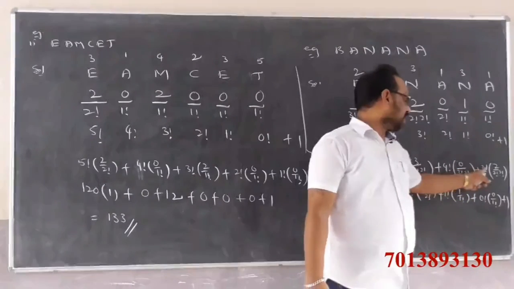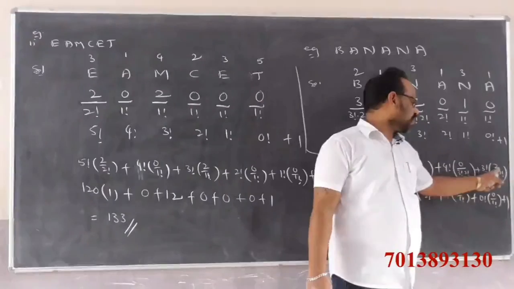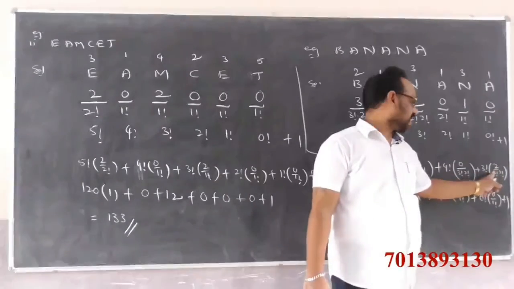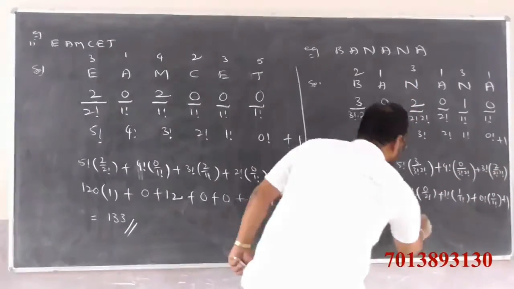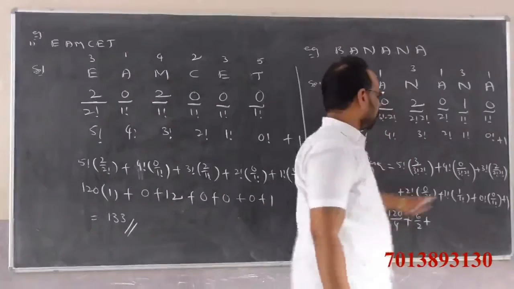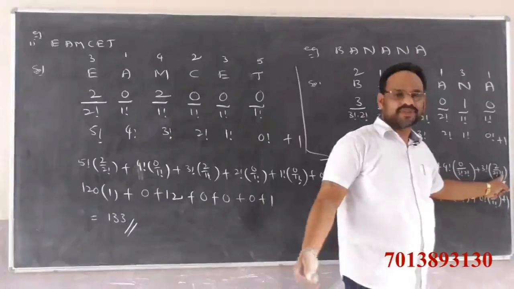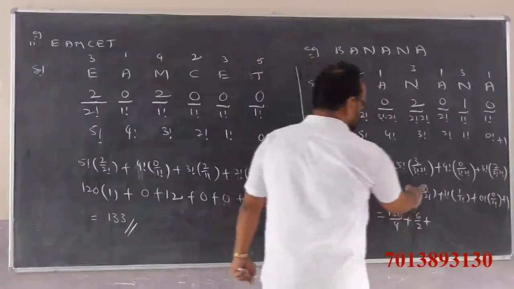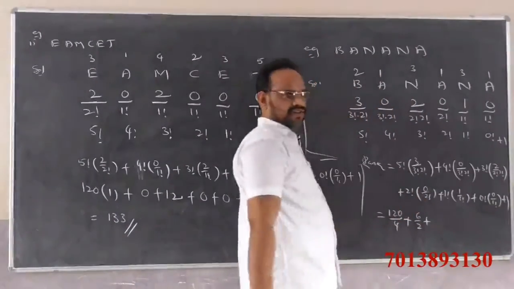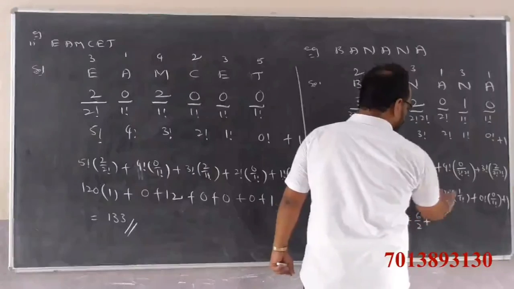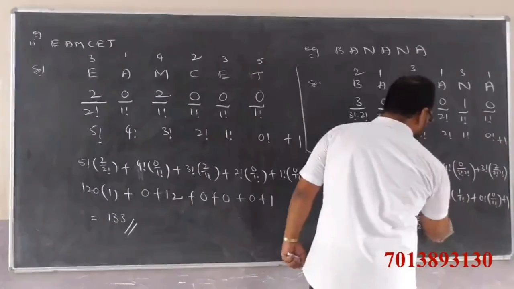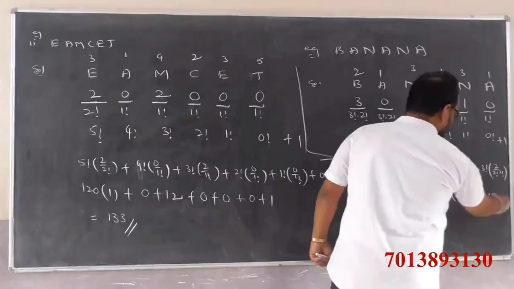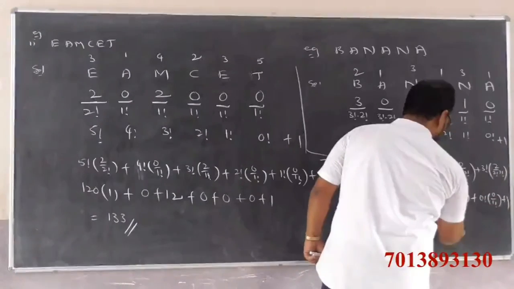We get 0. 3 factorial means 6, 2 into 2 get cancelled. We get 6 by 2. Plus 3 factorial means 6, 2 factorial means 2 only, 2 and 2 get cancelled. We get another 2. 0 by anything is 0, 0 and anything is also 0. So this is 0. So 1 factorial is 1, 1 by 1 is nothing but 1 only. 0 factorial is nothing but 0. Total 0, that is 1.